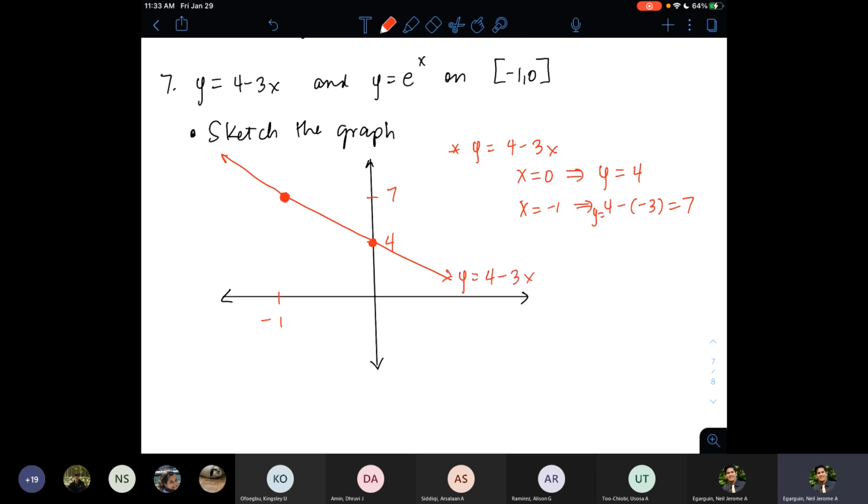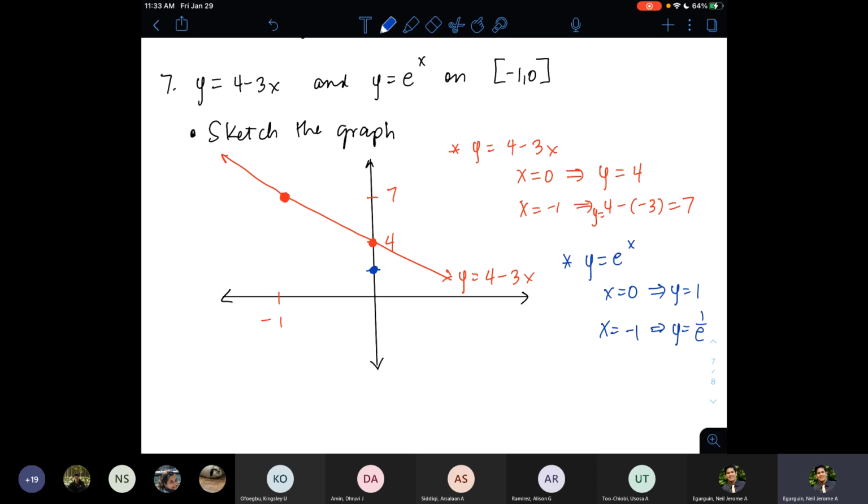And then let's plot y equals e to the x. Let's use the blue one here. If x is equal to 0, then y is equal to 1. So let's put 1 over here. And then if x is equal to -1, then y is equal to 1 over e.